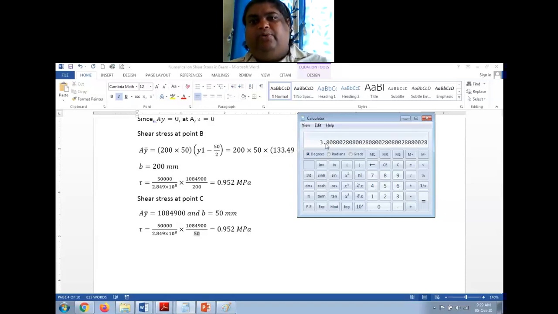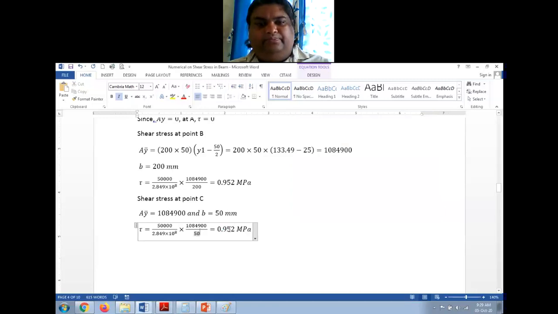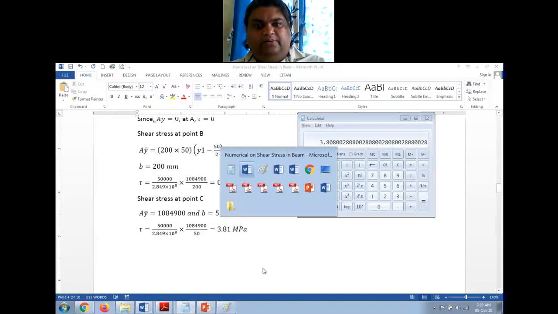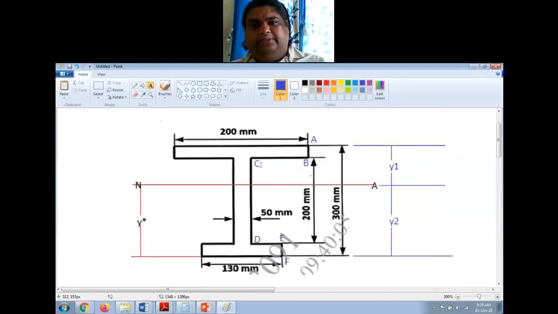So this is 3.81. 3.81 megapascal is the shear stress at point C. Neutral axis, let us find in the end.